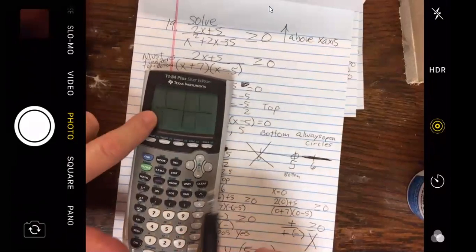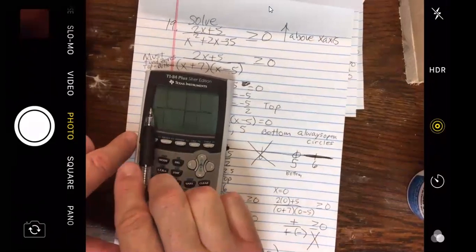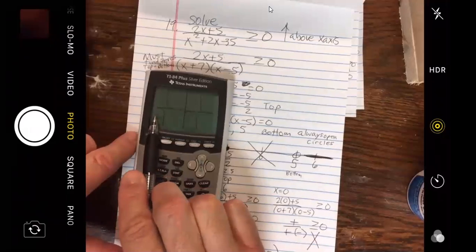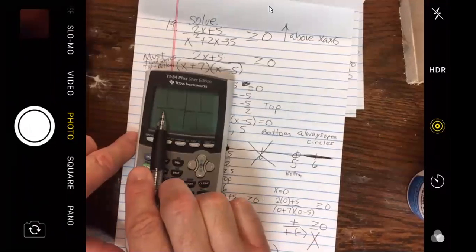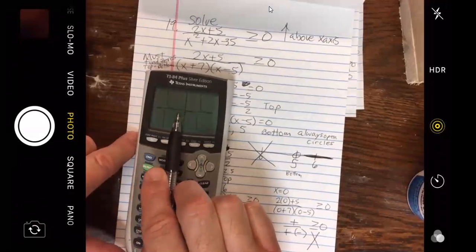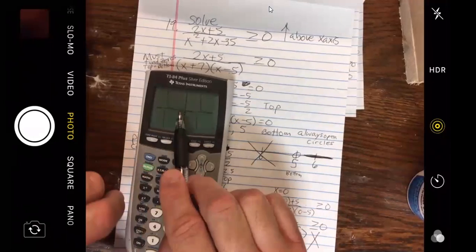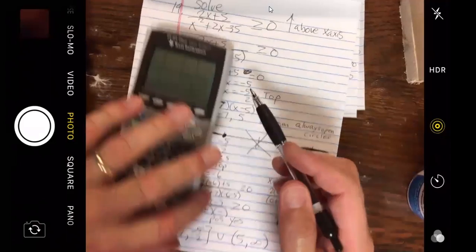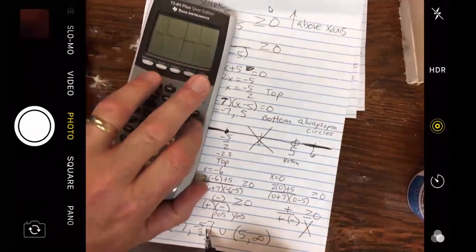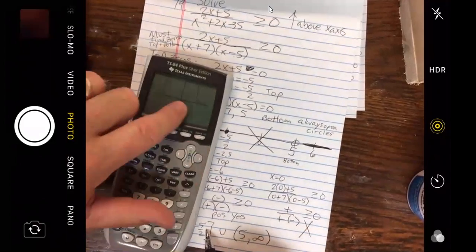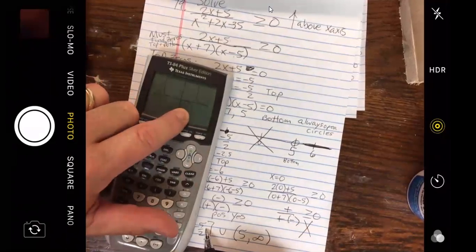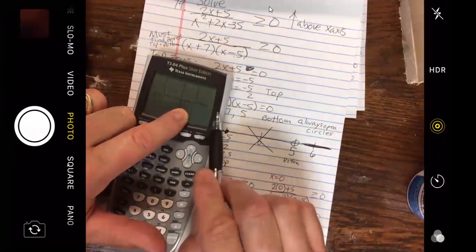This side of -7, you're below the x-axis. You're above between -7 and -2.5, and that's where you need your bracket. Then you go below, so that's not in, and you finally come back above from 5 to infinity.